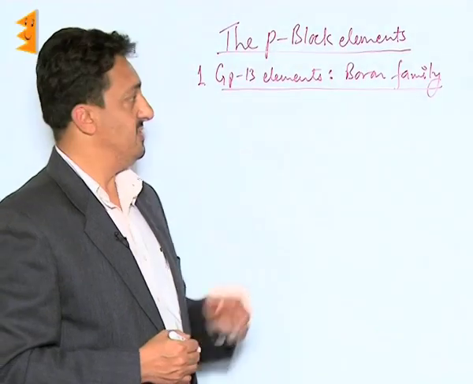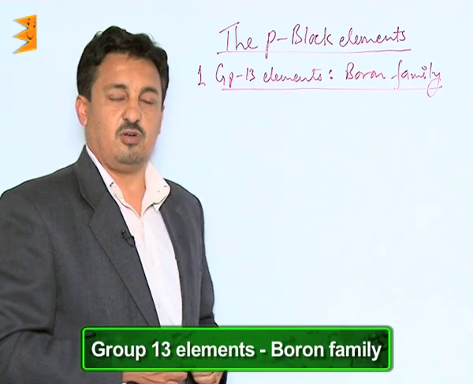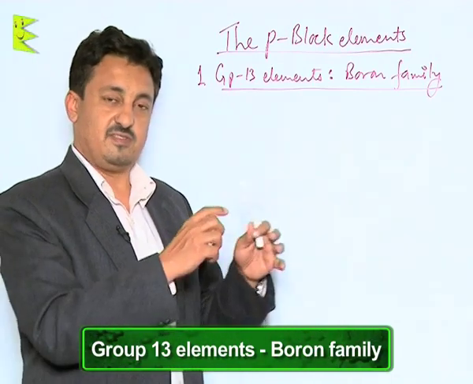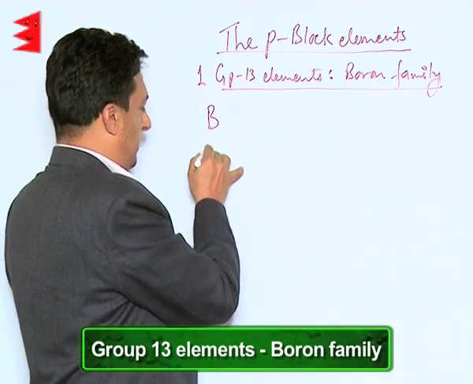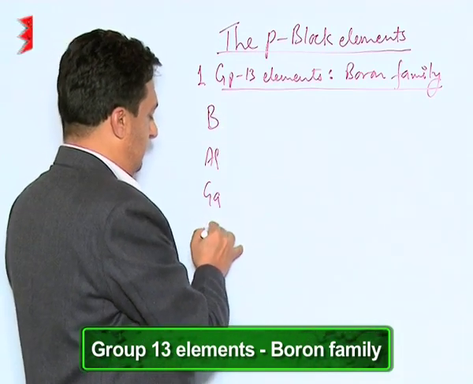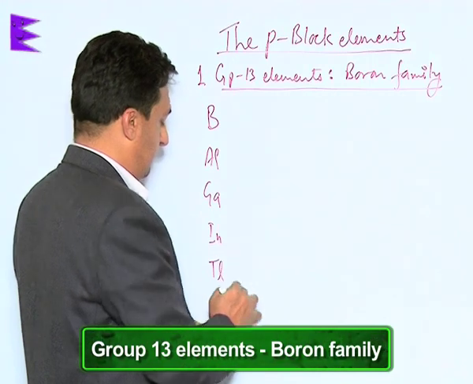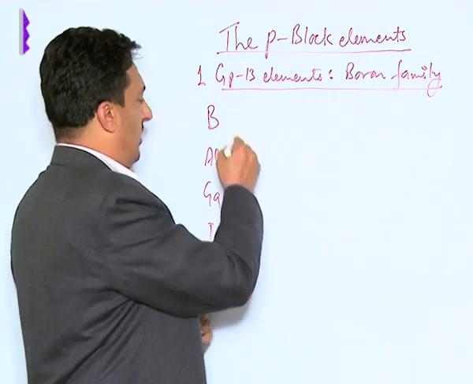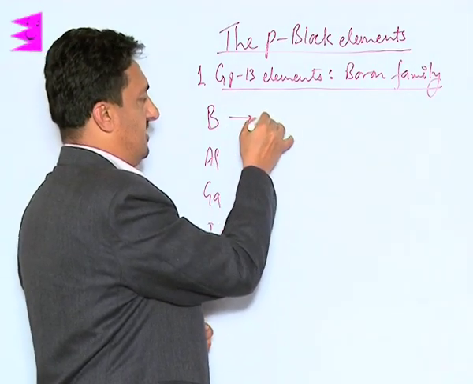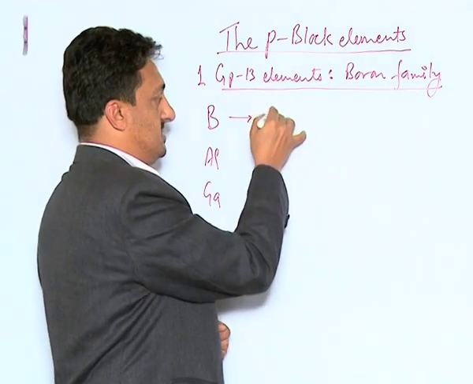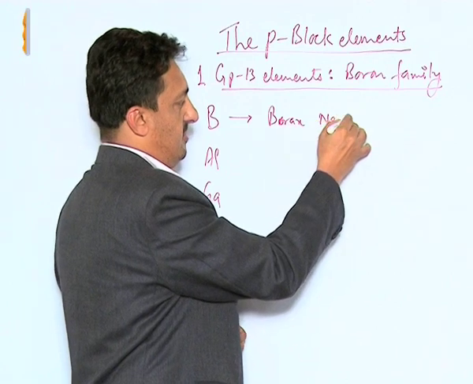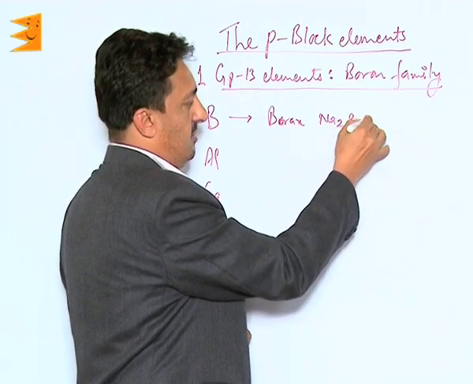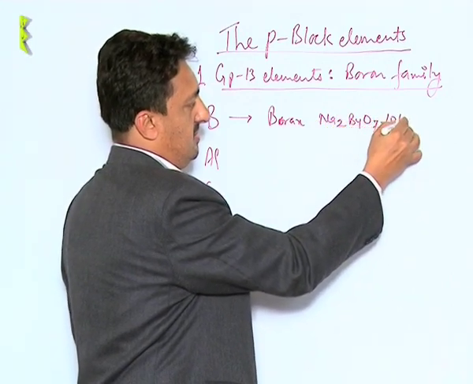Now let us start with the group 13 elements, which is called the boron family, because of the first element boron of this group. The group includes boron, aluminium, gallium, indium and thallium. Now boron exists in the form of borax, which is Na2B4O7·10H2O.